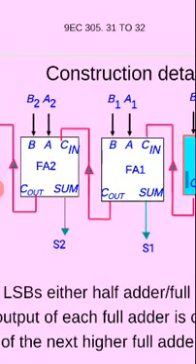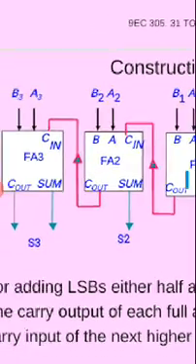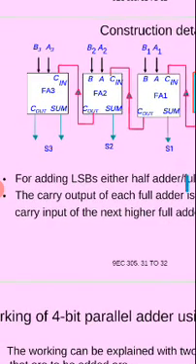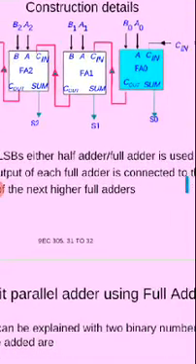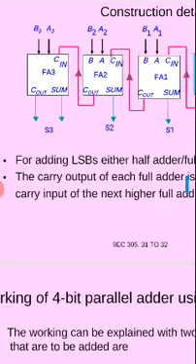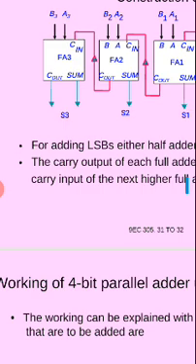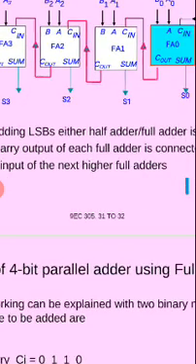And all other adders FA1, FA2, FA3 are acting as full adders only. For adding LSBs, either half adder or full adder is used. The carry out of each full adder is connected to the carry input of the next higher full adder.